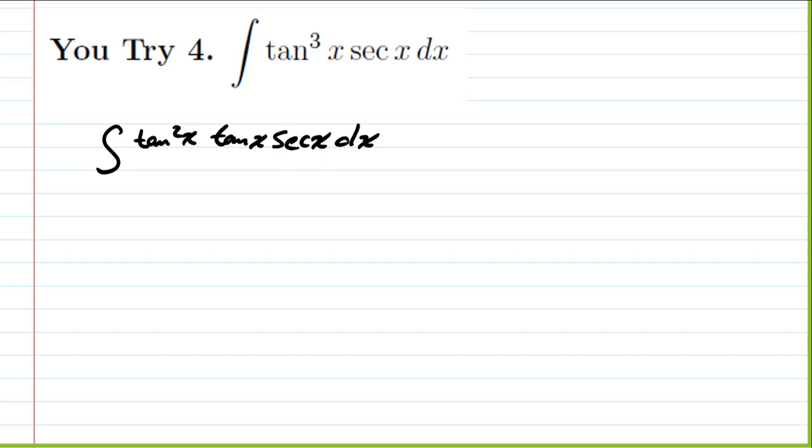We're then going to use our Pythagorean identity on this and rewrite tangent squared of x: tangent squared x plus 1 equals secant squared. So this is going to be equal to secant squared x take away 1. So that gives us the integral of secant squared x minus 1 times tan x secant x dx.